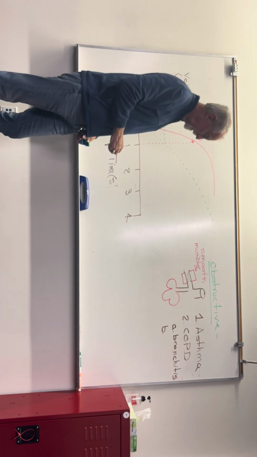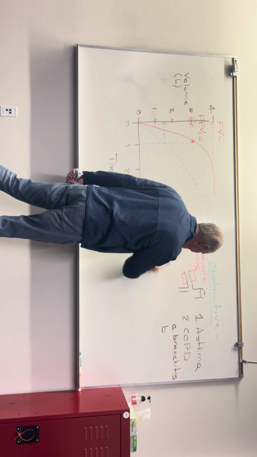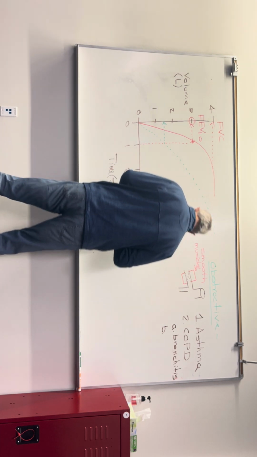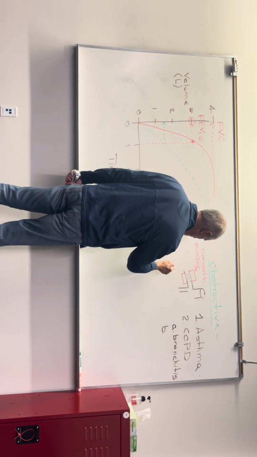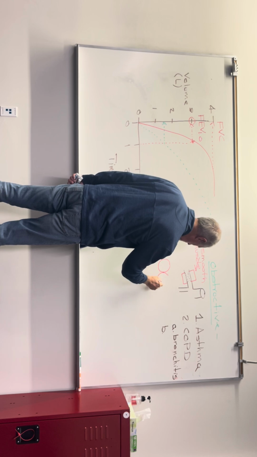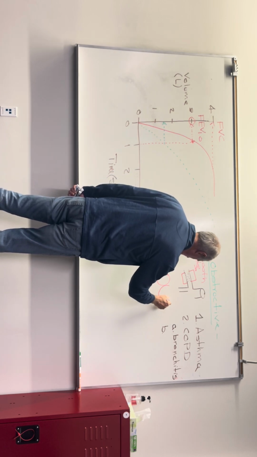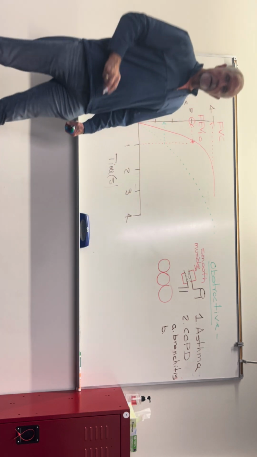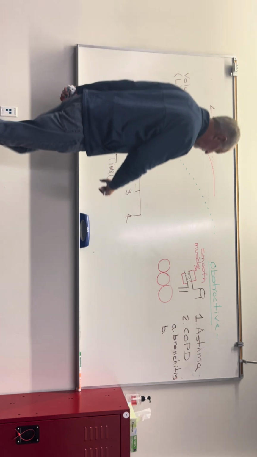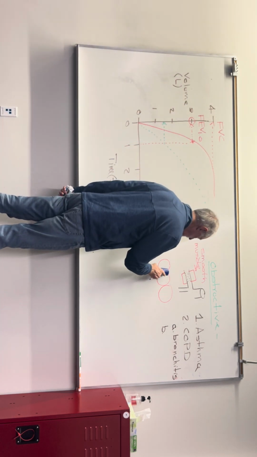So imagine that we've got alveoli. We'll make it very simple. We've got 3 alveoli. And now assume that we break down the walls between these individual alveoli.